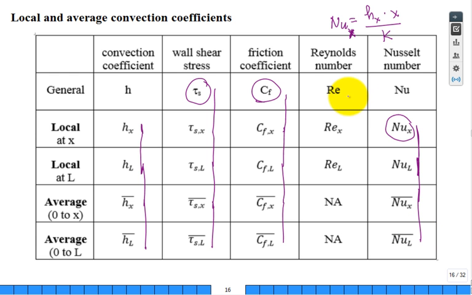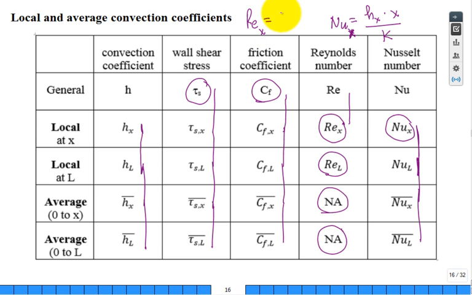Okay, Reynolds number. We could talk about the Reynolds number at x. We could talk about the Reynolds number at x equal to L. What's N/A mean? There really is no discussion of an average Reynolds number. It starts at 0, the leading edge, and we know how the equation is. What's the equation for the Reynolds number?